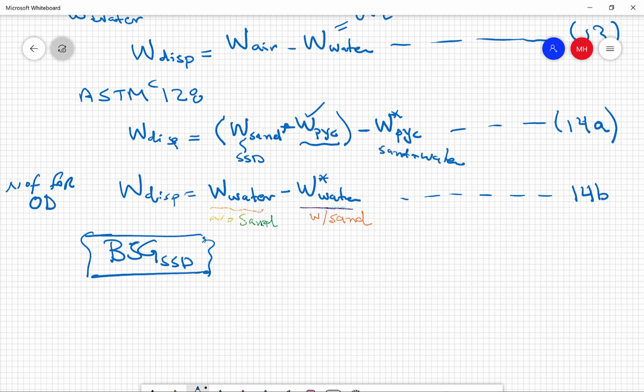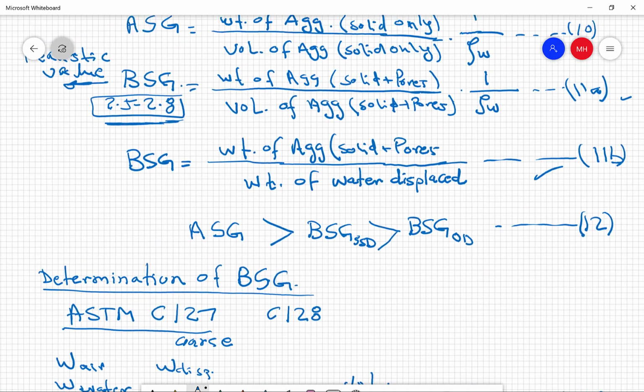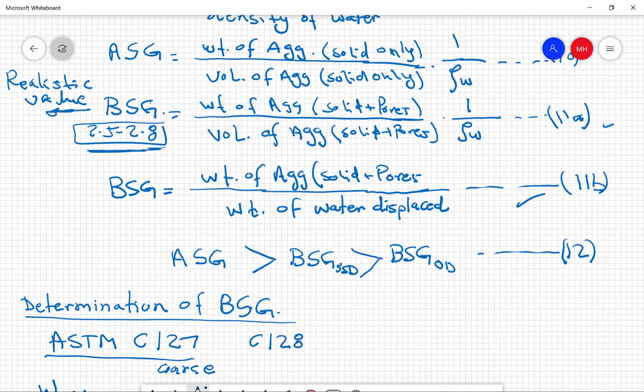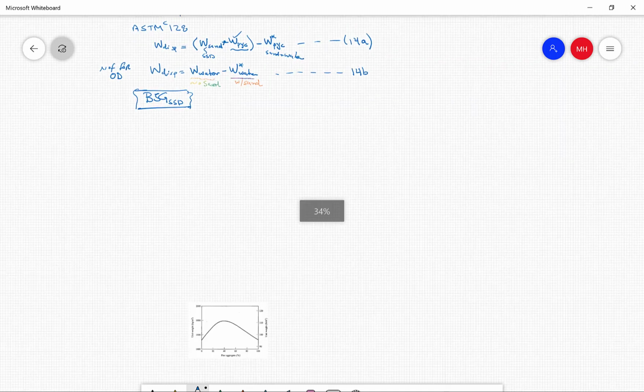The bulk specific gravity based on the oven dry moisture state can be calculated using equation 11b, by substituting the oven dry aggregate weight in the numerator.